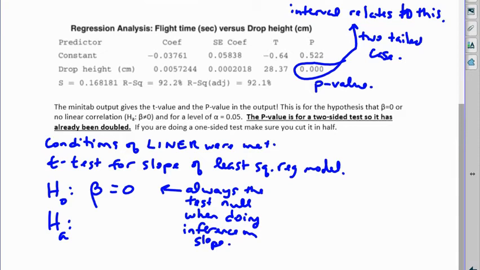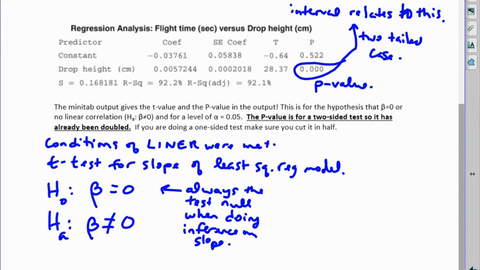So we are right now looking for evidence of our alternative hypothesis, which would be that beta is not 0, and that beta is in fact saying that there is some kind of a slope to the linear regression model.